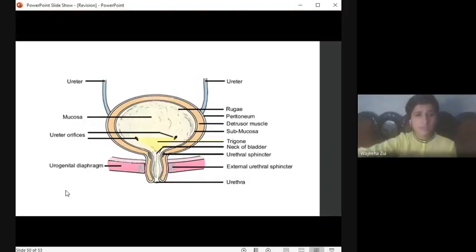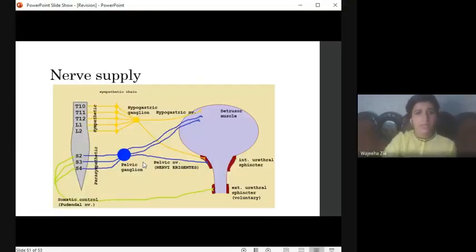You can see there, this one is the diaphragm, and these are the sphincters, and they open with the physiological functioning when a person feels the need to pass urine. The bladder is supplied by the hypogastric ganglion of the sympathetic system and the pelvic ganglion of the parasympathetic system.